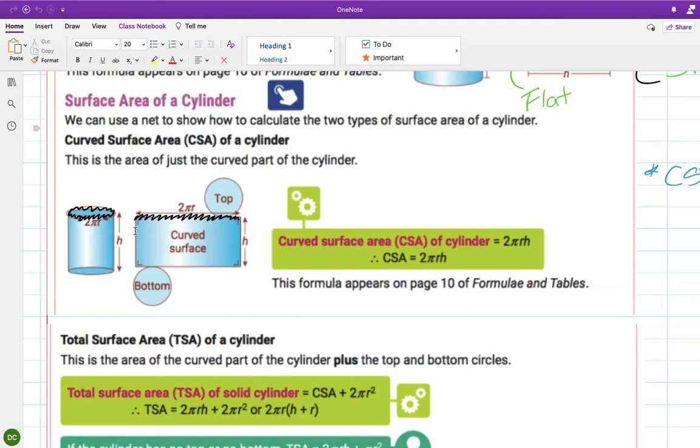So the top line, or the length of the rectangle, is actually the circumference of the circle. Yeah, so the circumference of the circle is the length of the rectangle, and then the width of the rectangle is just the height of the cylinder.